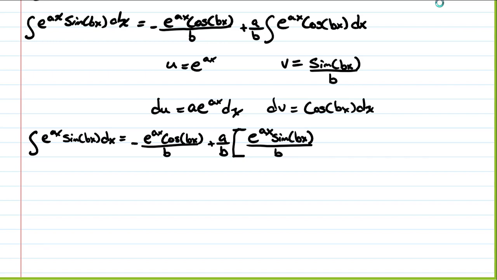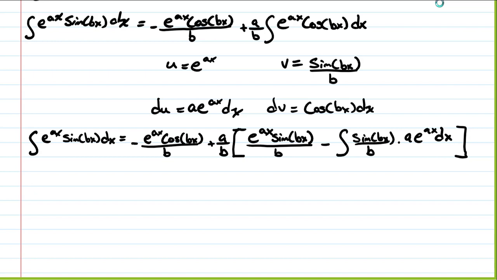So that's our u times v minus the integral of v du. So we're going to get sine bx over b times a e to the ax dx. Close our parentheses.